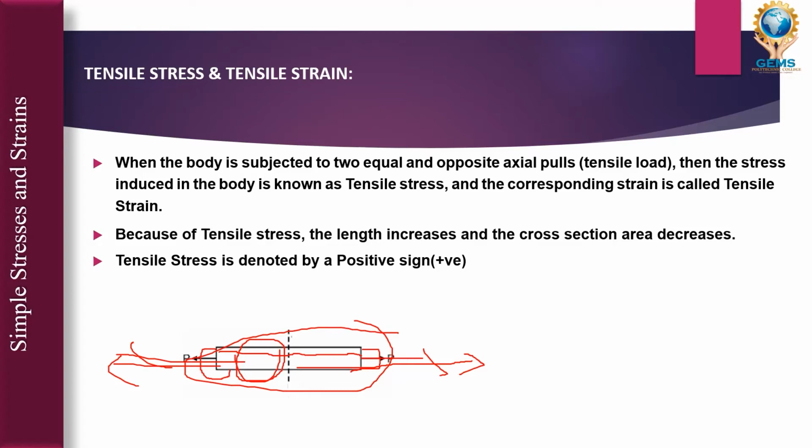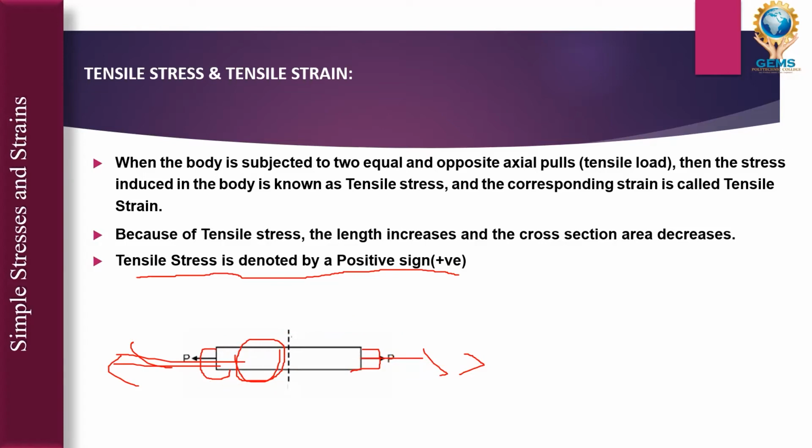Understand? And a very important thing which we always follow while solving problems: tensile stress is denoted by a positive sign. Why positive sign? Because its length is increasing. Understand?